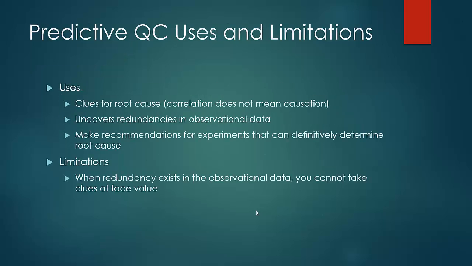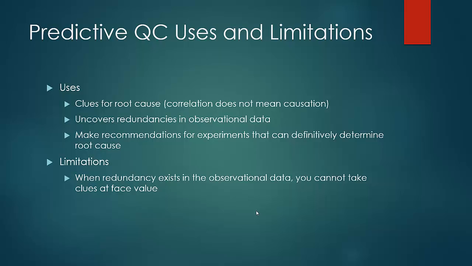Okay, so in summary, we can use this methodology to get clues for root cause analysis. We always have to remember, though, that this is observational data and that correlation does not mean causation. If I find a variable that shows up as significant on the importance plot or the spreadsheet that shows importance, it does not necessarily tell me everything I need to know.